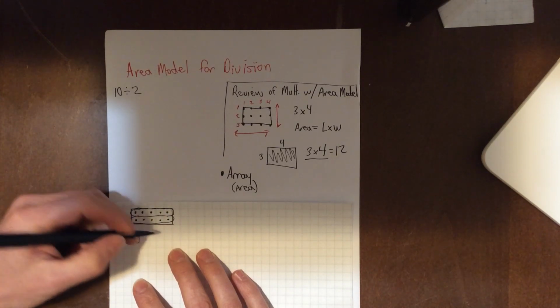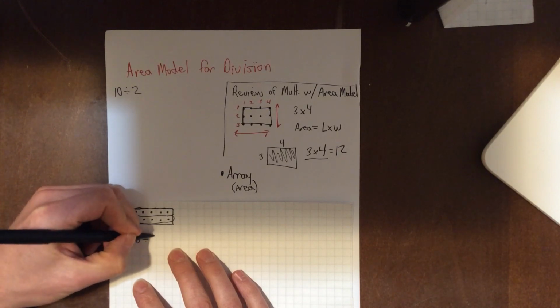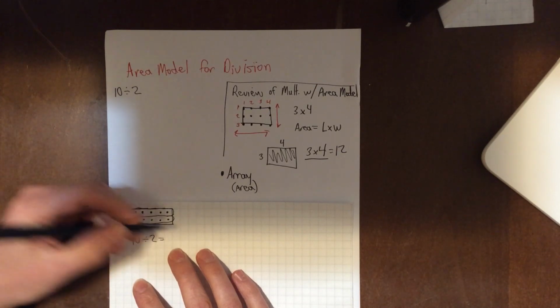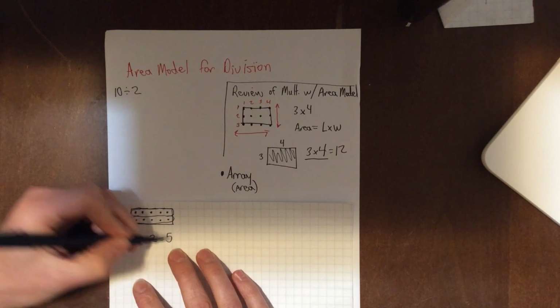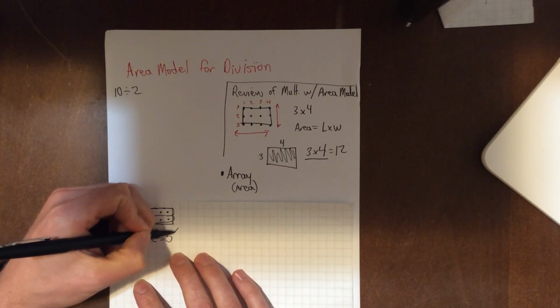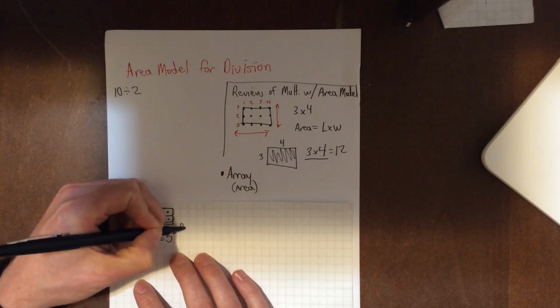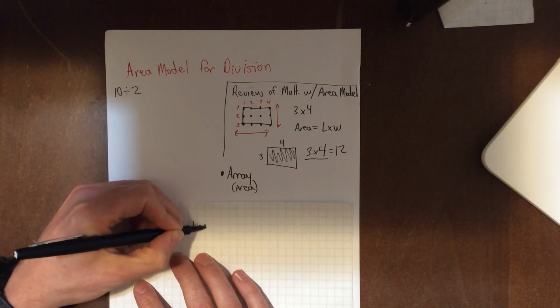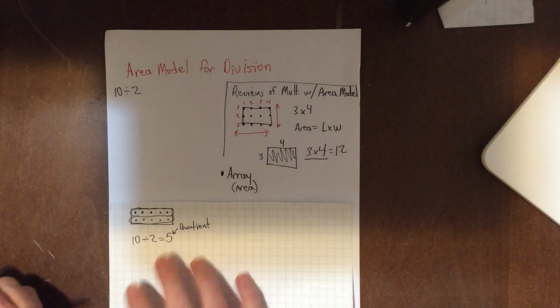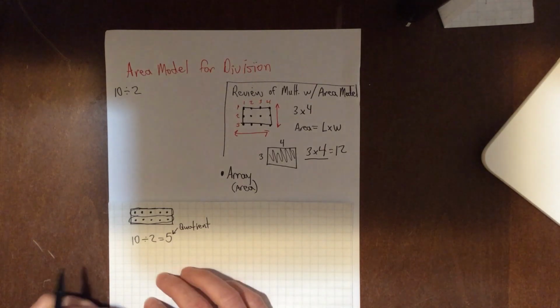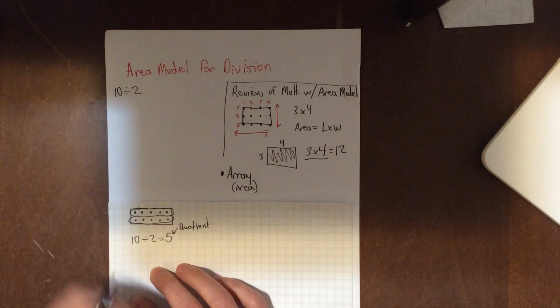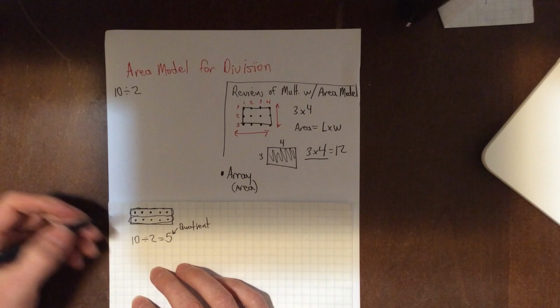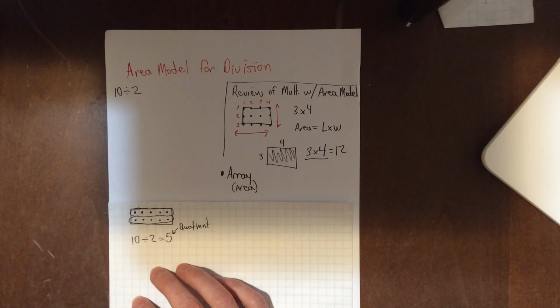Okay, I have 2 equal groups of 5. So our quotient is 5. So 10 divided by 2 equals 5.